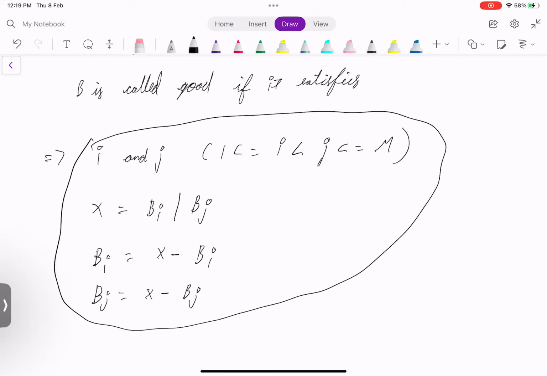In each operation we can choose any i and j, find the bitwise OR, and then set b_i and b_j to these values, where x is nothing but the bitwise OR of b_i and b_j.